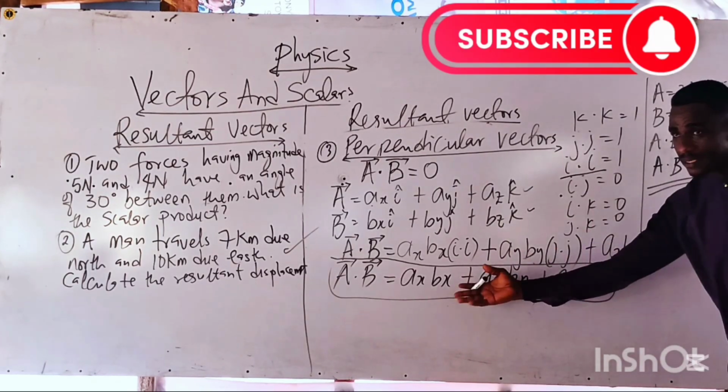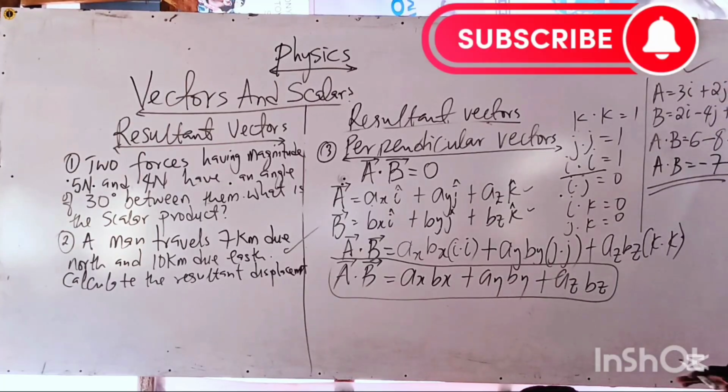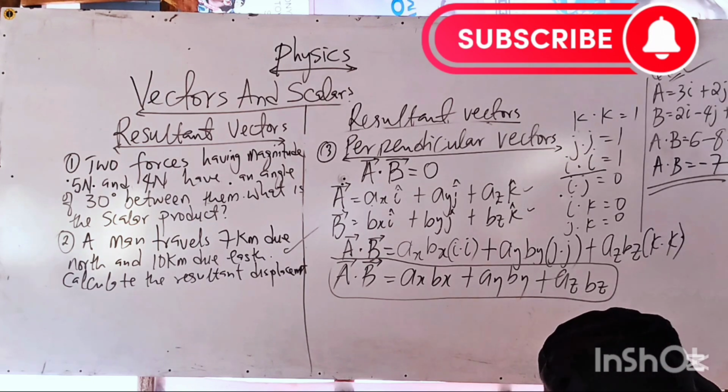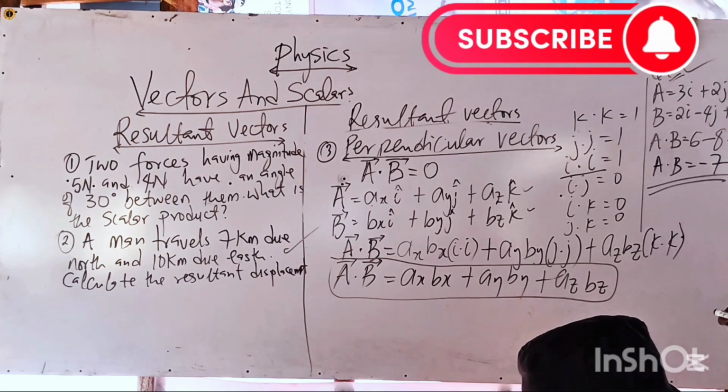Do you see how simple it is? We just apply this to solve this question, and you got your answer. I hope it's clear. You have a question? How did I not put I dot I?